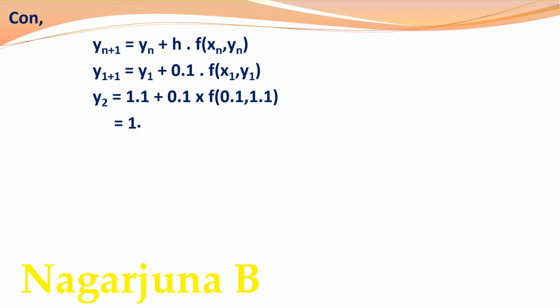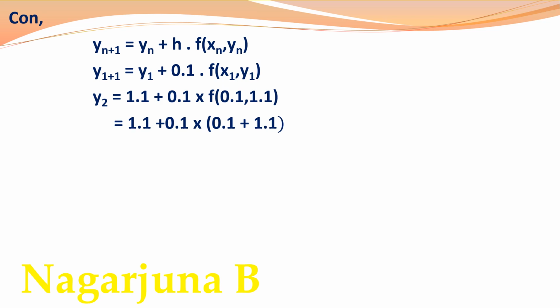Therefore, we can write y2 is equal to 1.1 plus 0.1 into, within the bracket, 0.1 plus 1.1, because f of x comma y is x plus y. So x is 0.1 and y is 1.1. Therefore, we are writing within the bracket 0.1 plus 1.1.